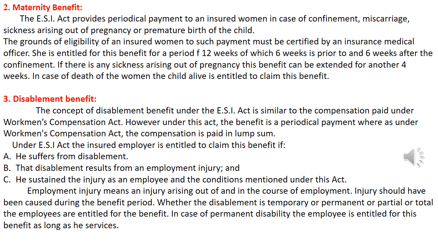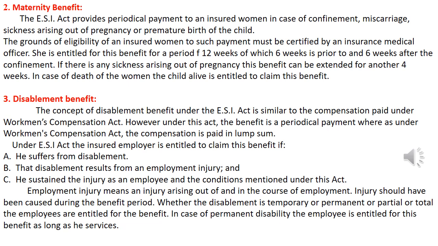The next benefit is disablement benefit. The concept of disablement benefit under the E.S.I Act is similar to the compensation paid under the Workmen's Compensation Act. However, under this Act, the benefit is a periodical payment, whereas under Workmen's Compensation, it is a lump sum amount. Under the E.S.I Act, an insured employee is entitled to claim when he suffers from a disablement that results from an employment injury, and he sustains the injury as an employee in conditions mentioned under the E.S.I Act.